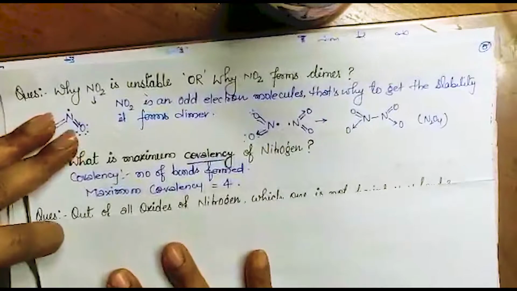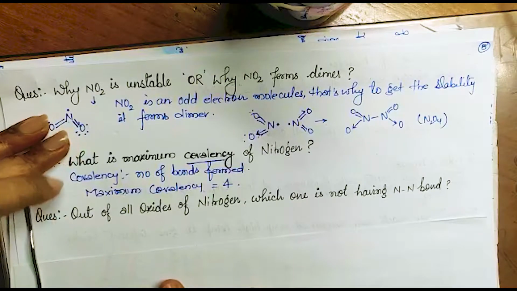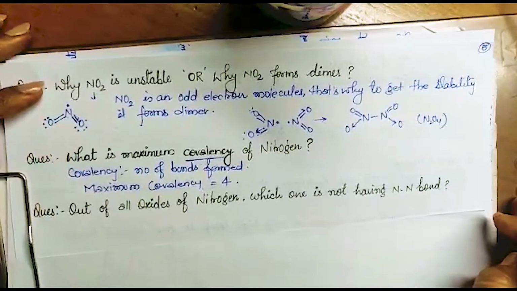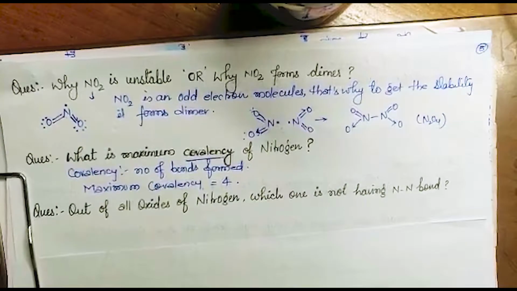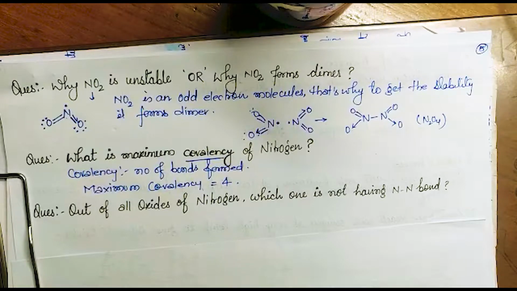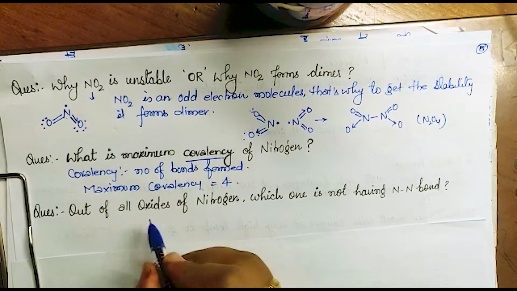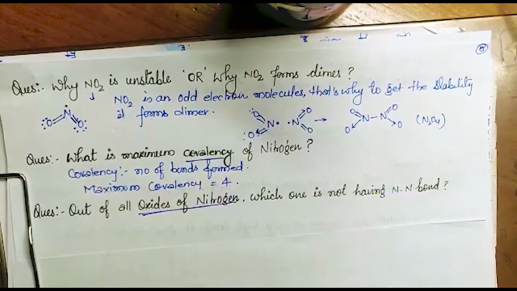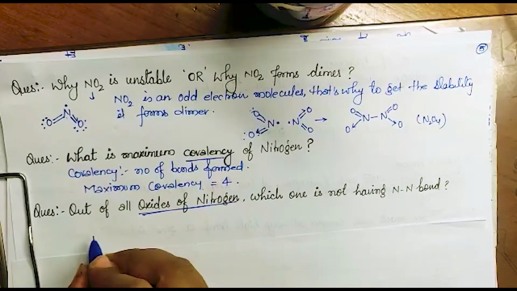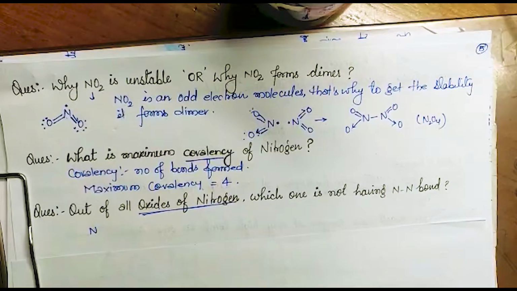Now the next question: out of all oxides of nitrogen, which one does not have an N-N bond? Just remember the structures of all those compounds. If you are talking about oxides of nitrogen, which one does not have an N-N bond? So you just check the structure, it is N2O5. Let me show you again here.